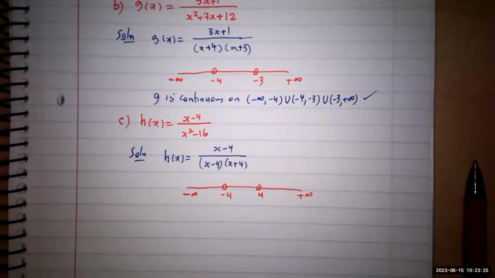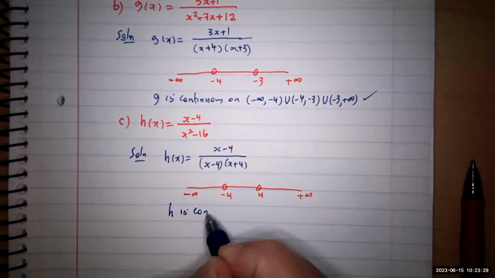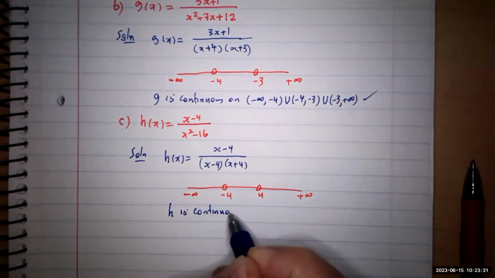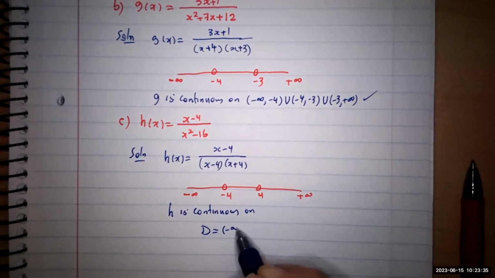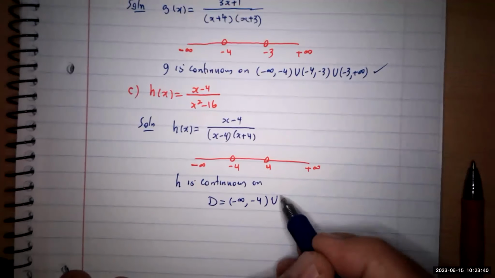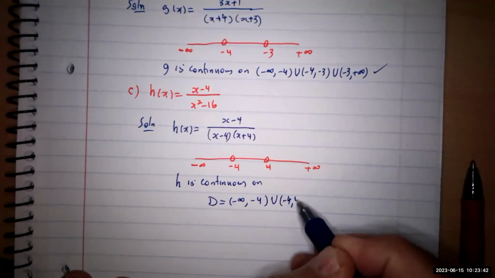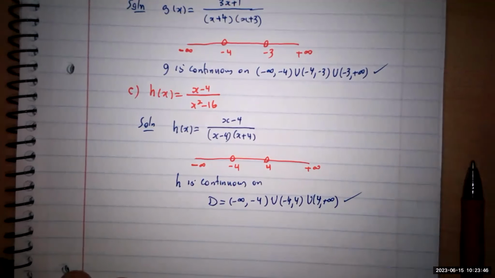So don't miss it. H is continuous on its domain. On what? From negative infinity to negative 4, negative 4 to 4, and 4 to positive infinity. Make sure you use parentheses. That's it. Any question?